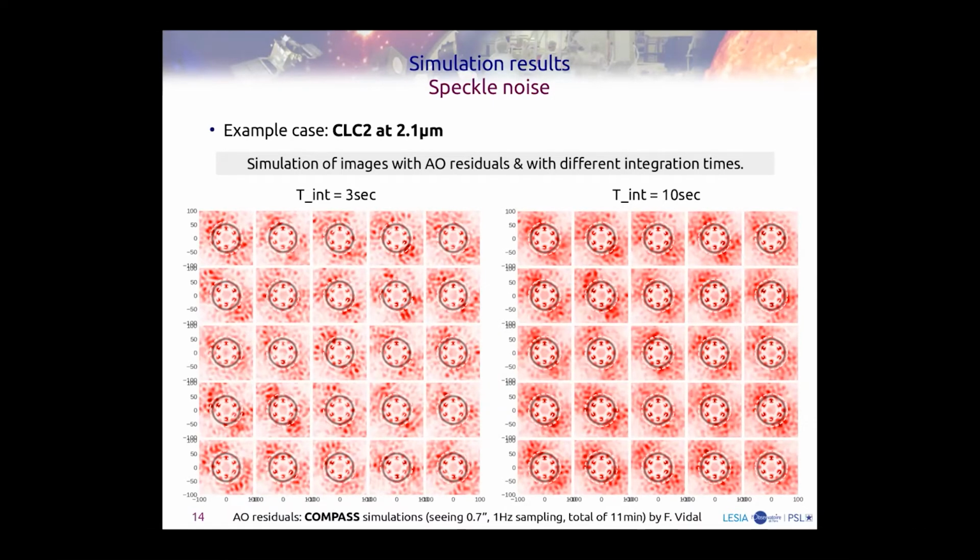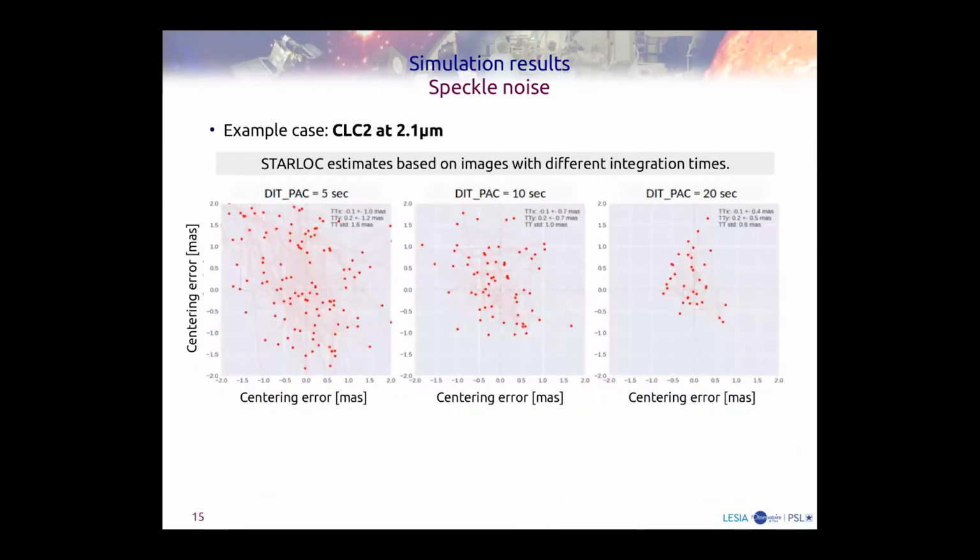You can see here two examples, 3 seconds and 10 seconds, and the estimates I get on this whole sequence for different temporal bins, 5, 10, and 20 seconds. Of course, the longer the exposures, the less dispersed the estimates are.